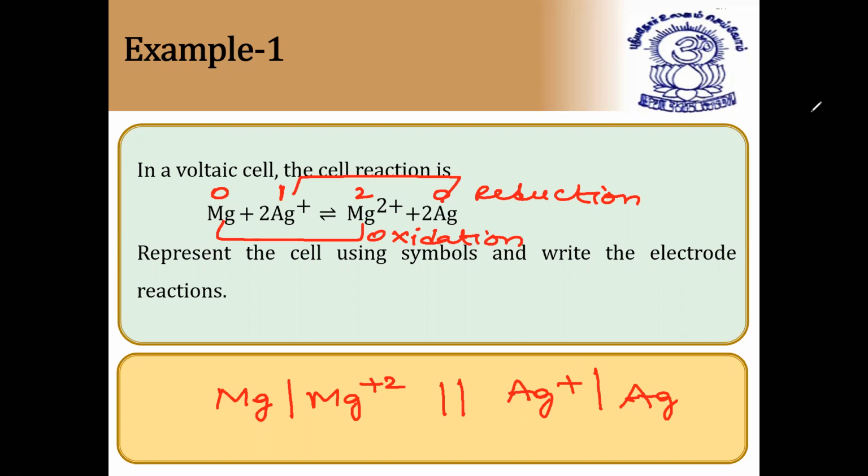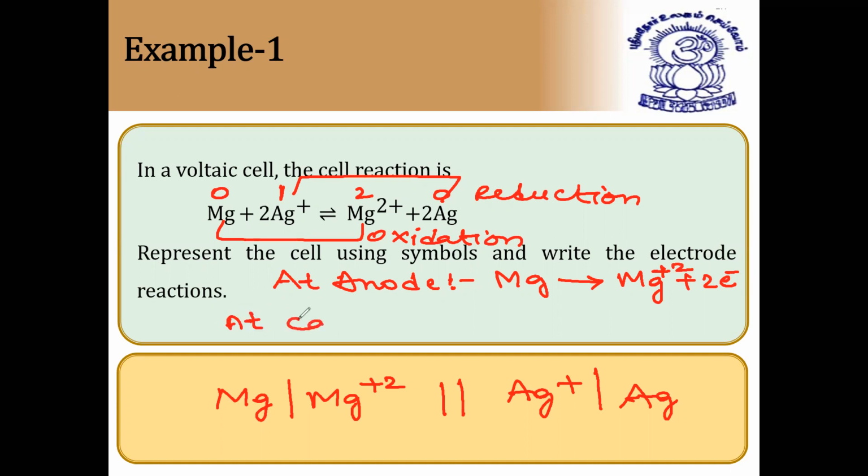Now the electrode reactions. At anode, Mg gives rise to Mg2+ plus 2 electrons, because it loses 2 electrons. So oxidation takes place. Next at cathode, we already know silver changes.